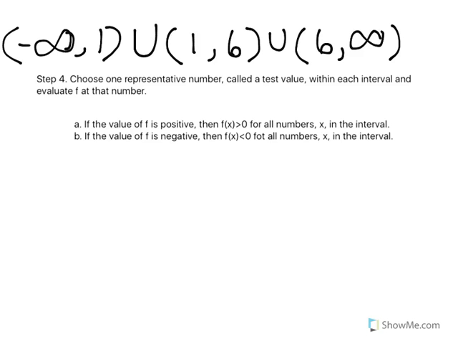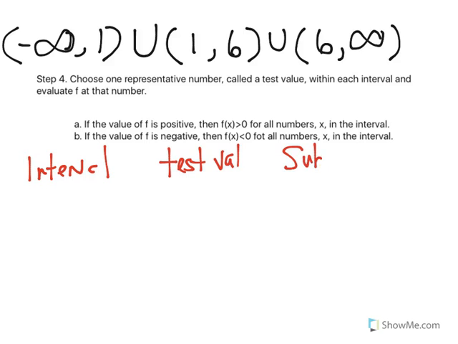So I'm going to draw a table here, my interval, my test value, what I'm substituting it for, and my conclusion.